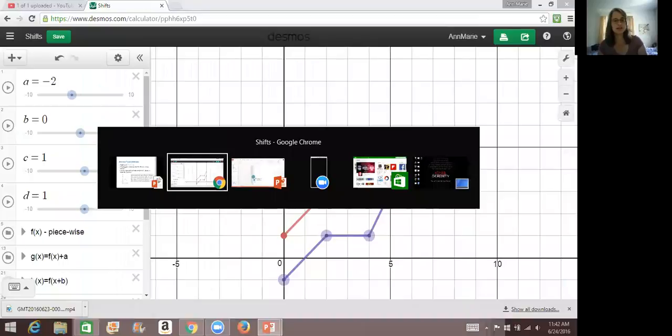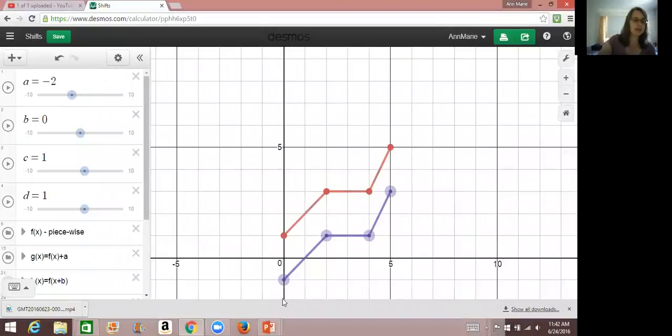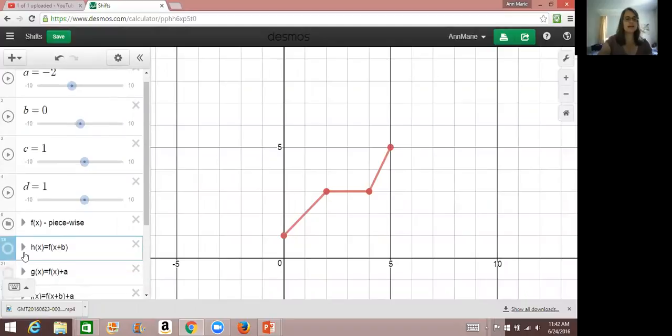Let's look at what this does to our graph. So I'm going to turn this guy off, and we're going to take a look at h of x, which is equal to f of x plus b. So notice the difference. With the b, I'm adding to the x before I apply the function.